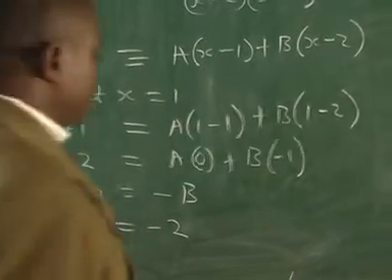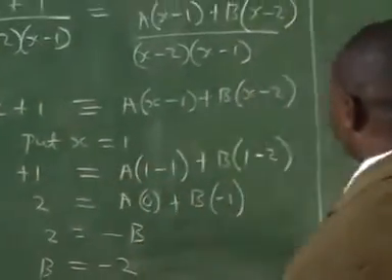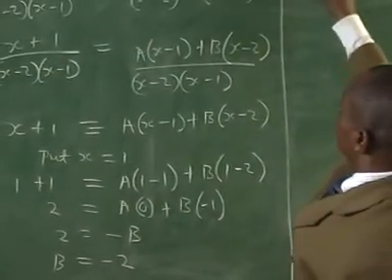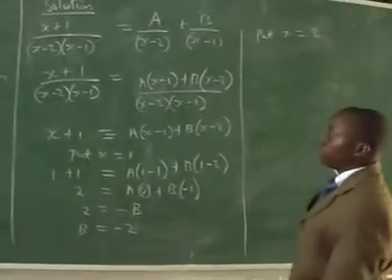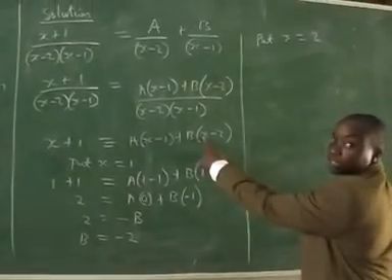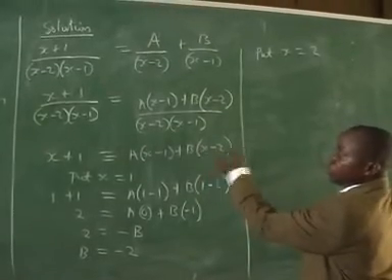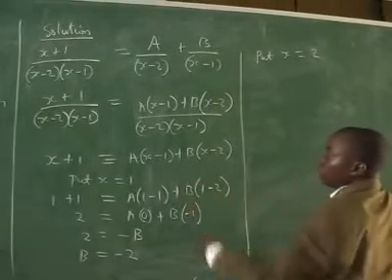Alright. Now, we can also put x is equal to 2, you know why? We are putting 2 here so that 2 minus 2 will give us 0, and then we get the value of a.